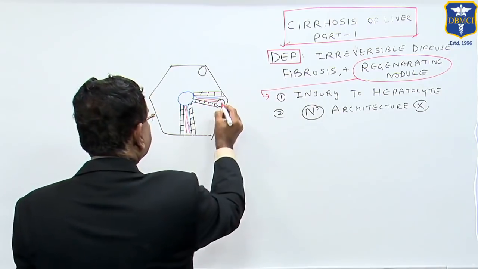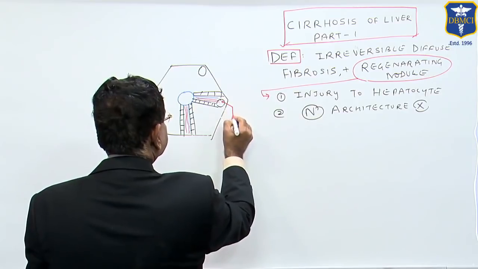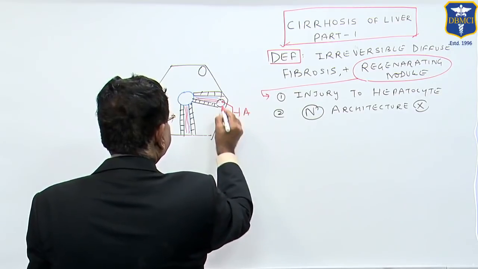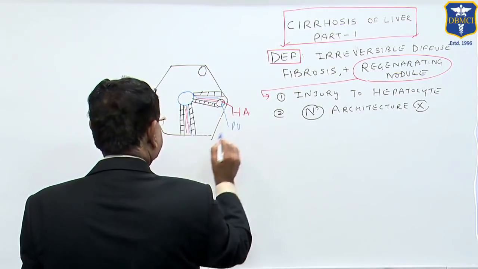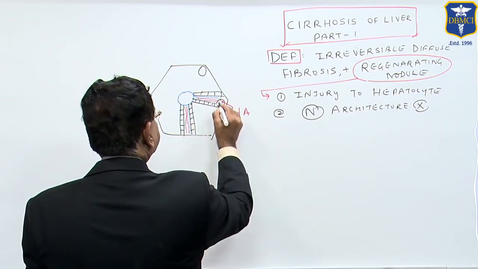Now the portal triad has a branch of hepatic artery, portal vein, and bile ductule.